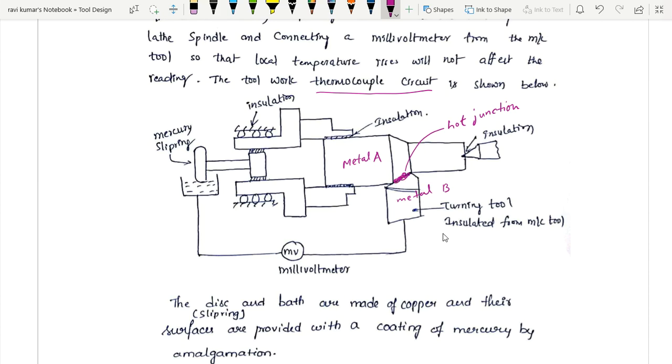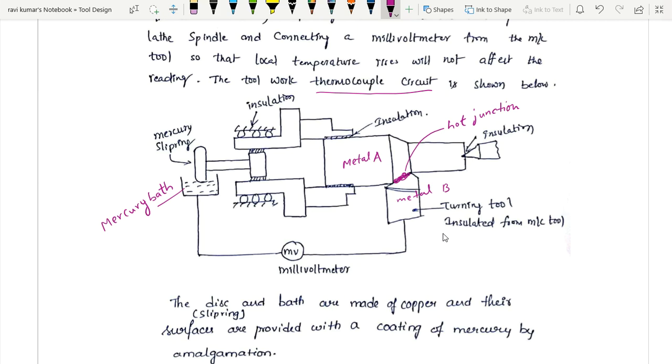A cold junction may be created by having the connection of a millivoltmeter leading to a mercury bath. So this is a mercury bath. Since the parts are moving or rotating, I can have a mercury bath, which is nothing but a liquid metal, and it is possible to still maintain electrical contact, right?